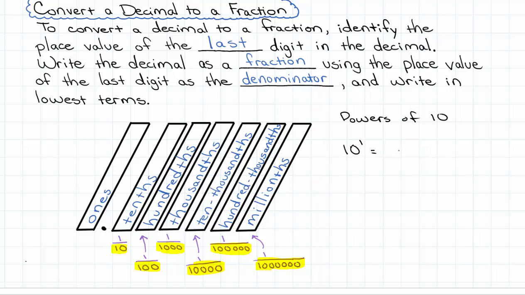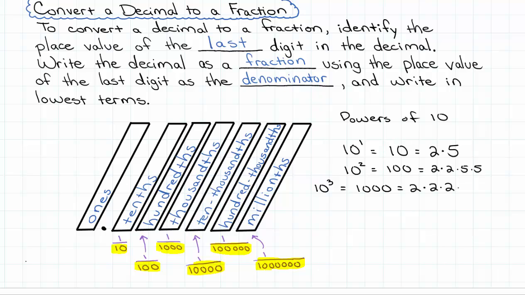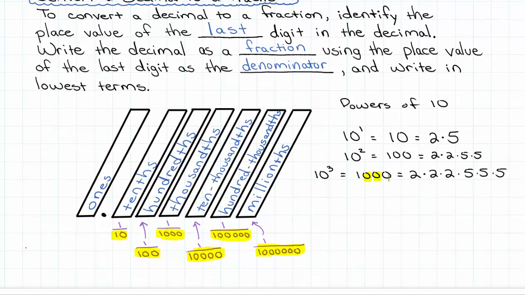Ten to the first, that's 10, and the prime factorization is 2 times 5. 10 to the second, that's 100, and the prime factorization is 2 times 2 times 5 times 5. 10 to the third, that's 1,000, and the prime factorization is 2 times 2 times 2 times 5 times 5 times 5.